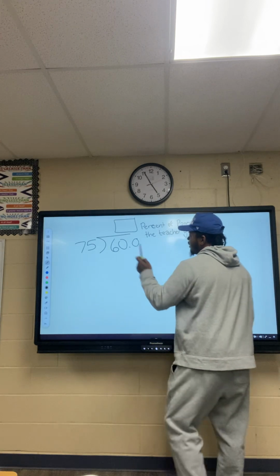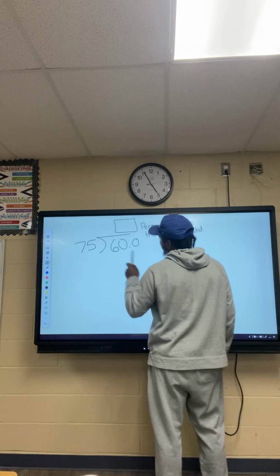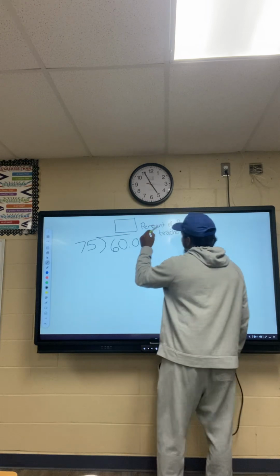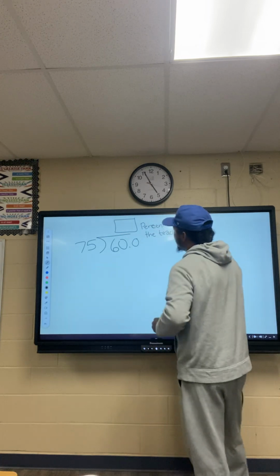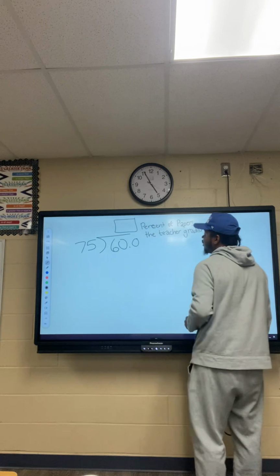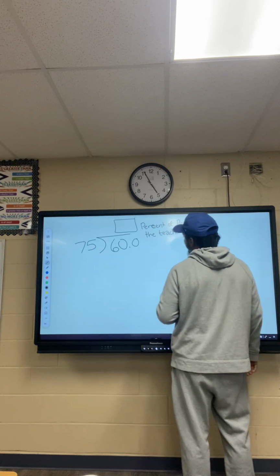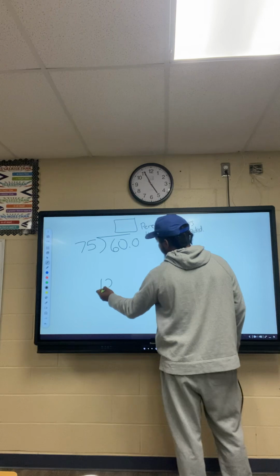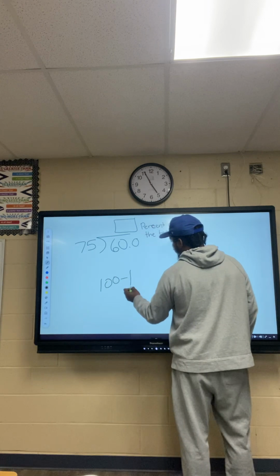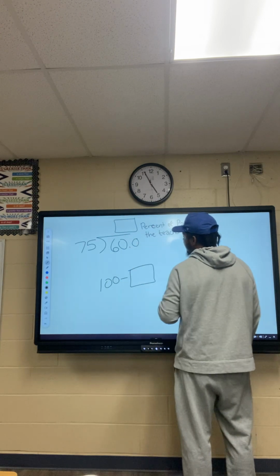So once you calculate the quotient of this division problem, you'll find the percent of the papers that the teacher graded. Once you find that percent, we know all percents are out of 100. So you can take 100% right here and subtract your quotient here.